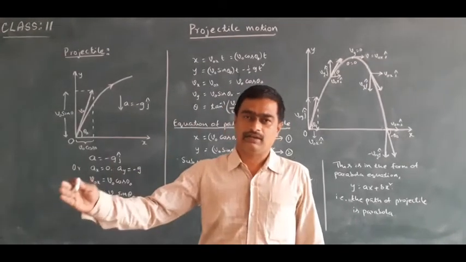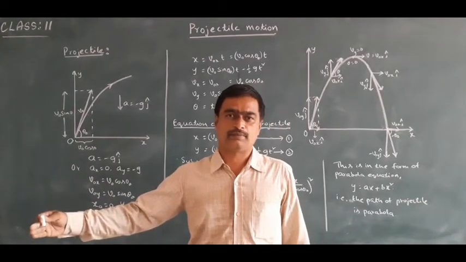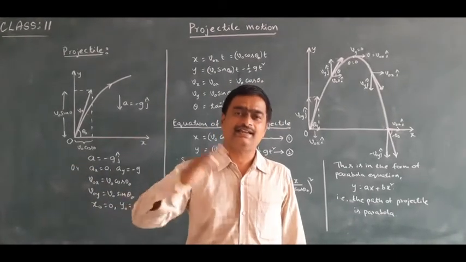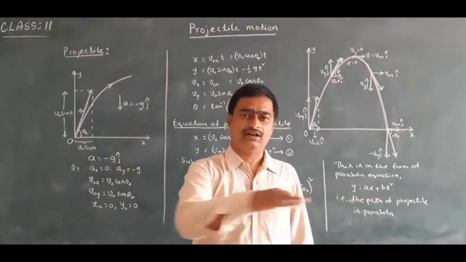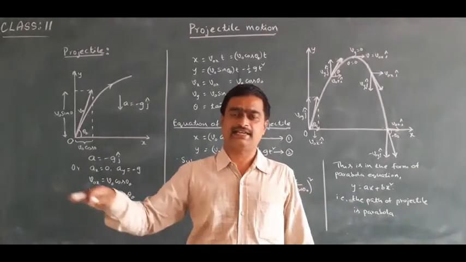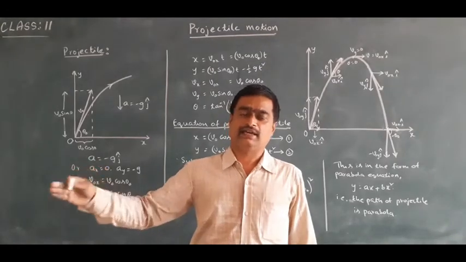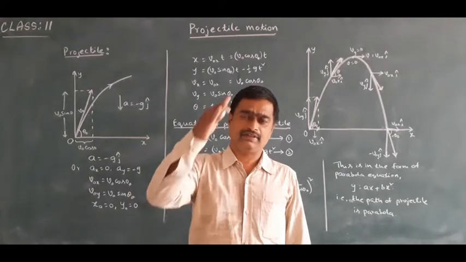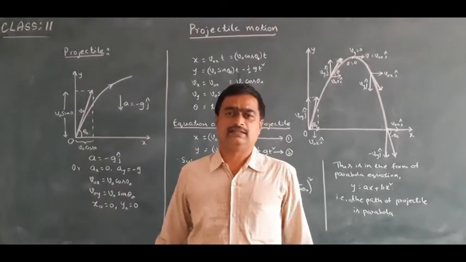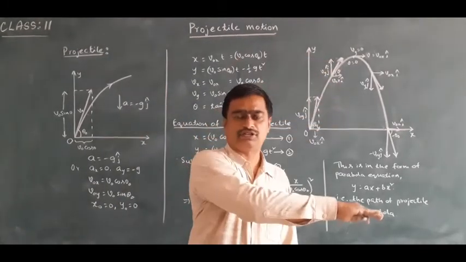A body which is thrown from the ground at a certain angle to the horizontal. Otherwise, it would travel in a horizontal direction in a single line. That is, it has to make some angle with the horizontal, with some velocity. Then it goes and falls down like this.